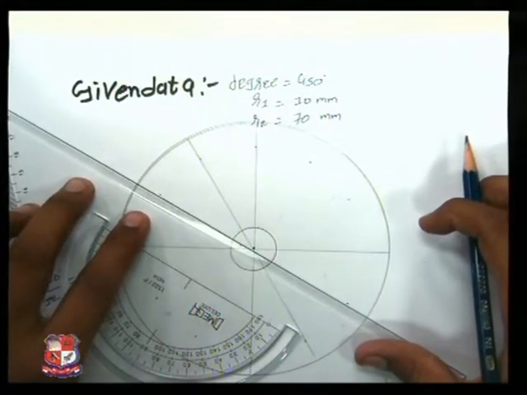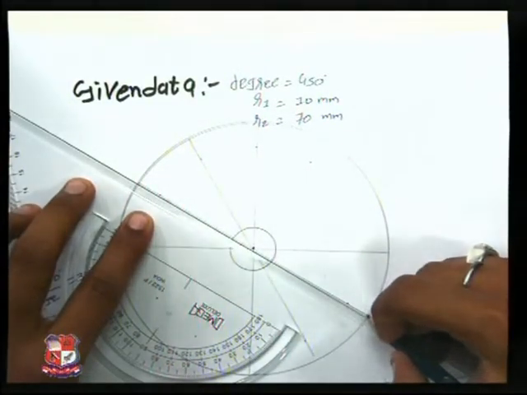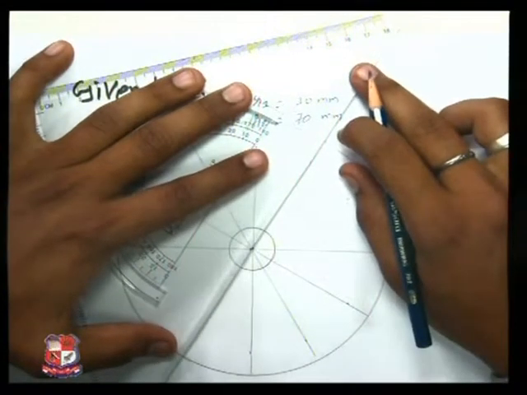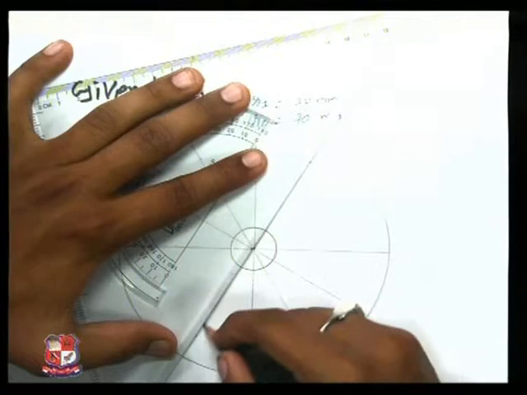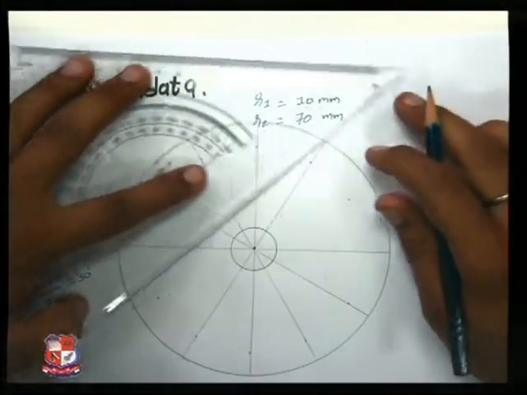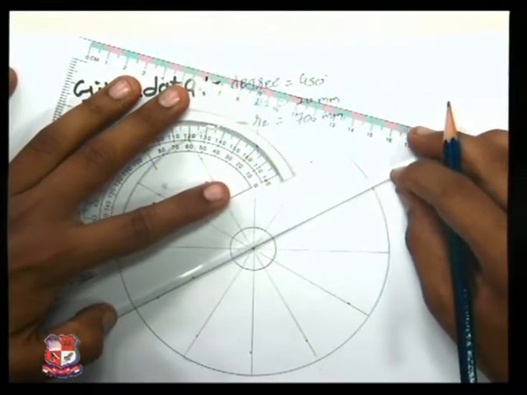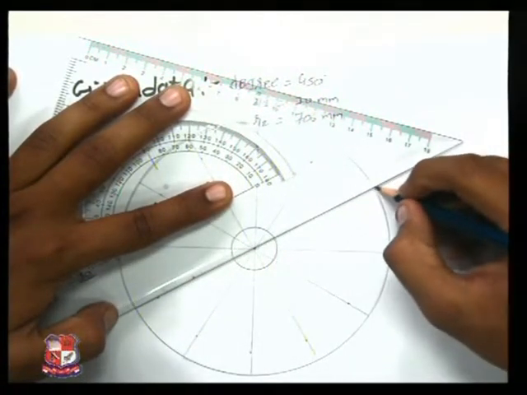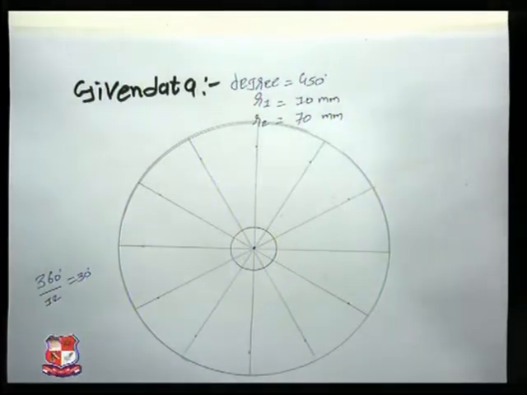We are getting divisions of 30 degrees each. We have got the 12 divisions.